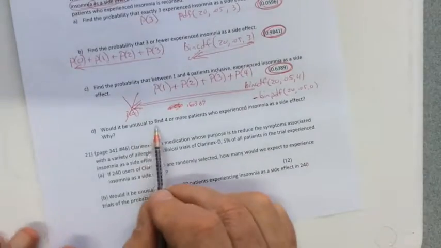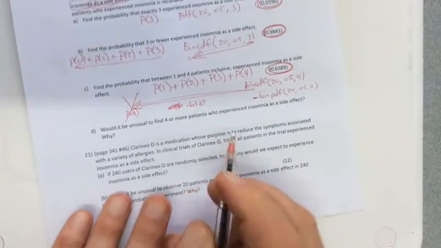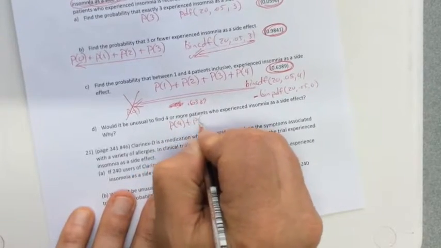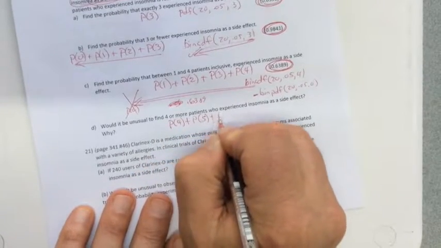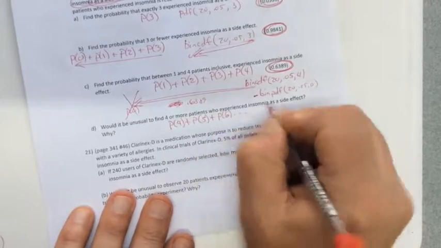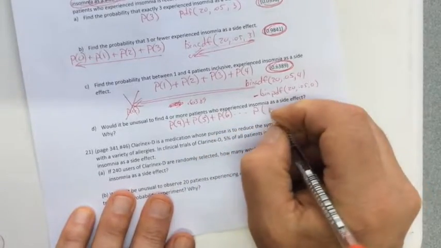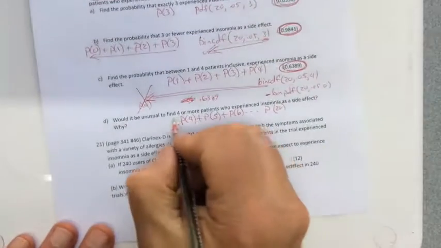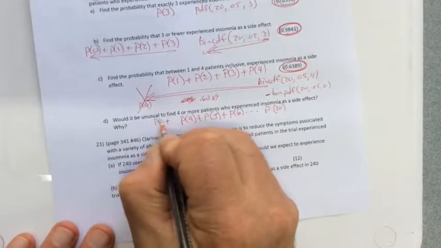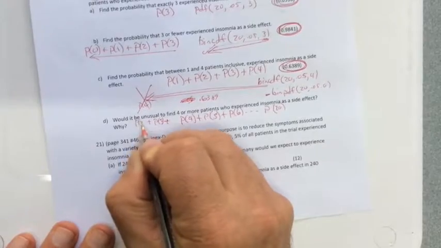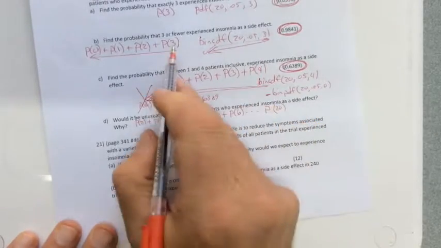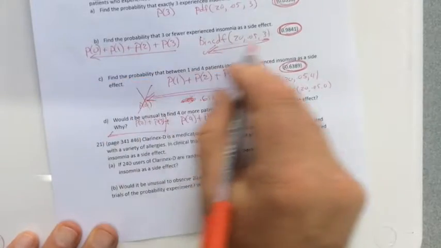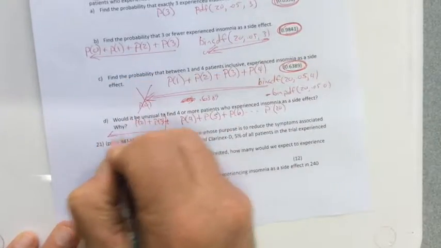Would it be unusual to find 4 or more patients with side effects? 4 or more. That's 4 plus 5 plus 6 all the way up to all of them, plus 20. Okay, so remember, we already did these down here. We did 3, 2, etc. We did that right here. So from this point down, had an answer of .9841.